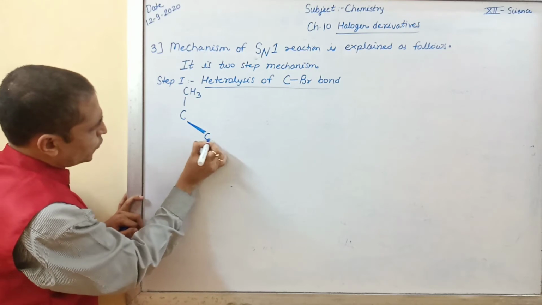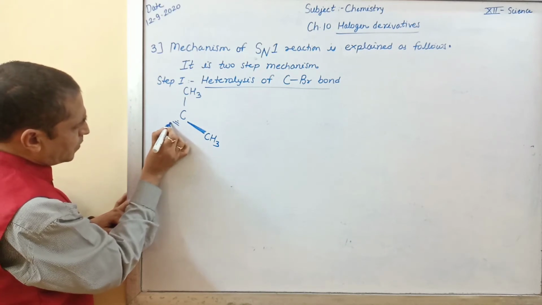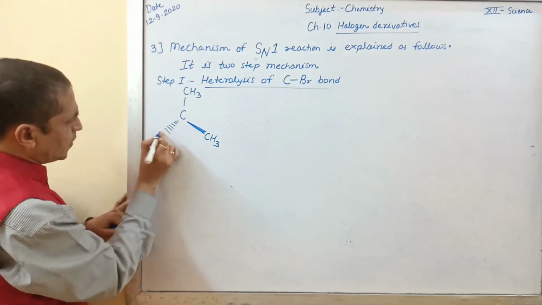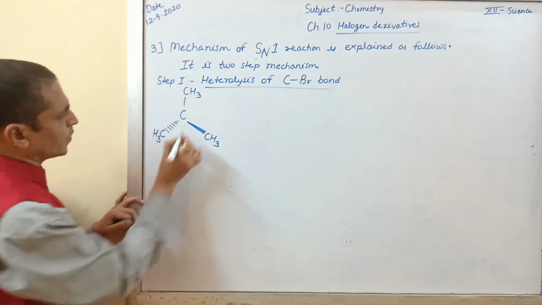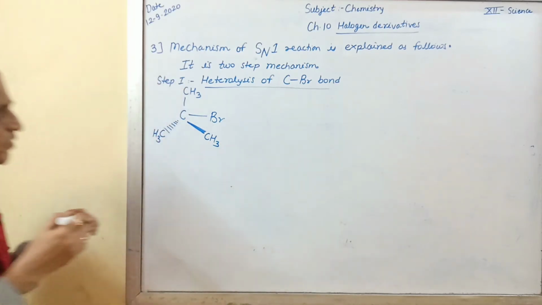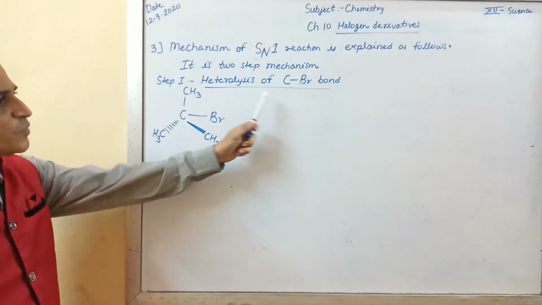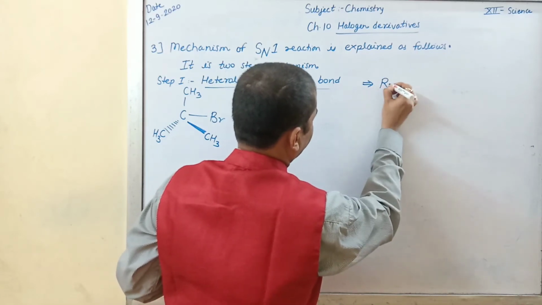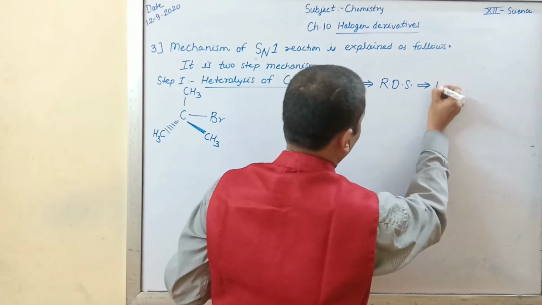(CH3)3C-Br. Now this step is very important. Step 1, that is hydrolysis of C-Br bond, is the rate determining step, because it involves formation of carbocation.